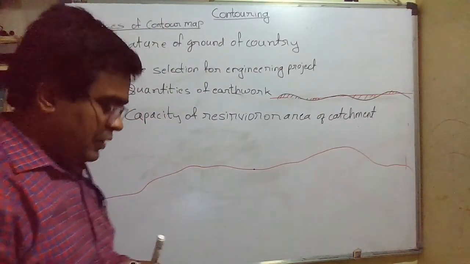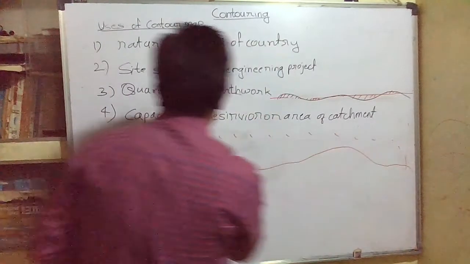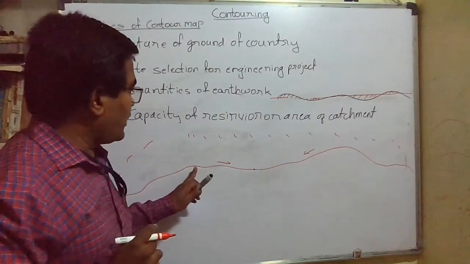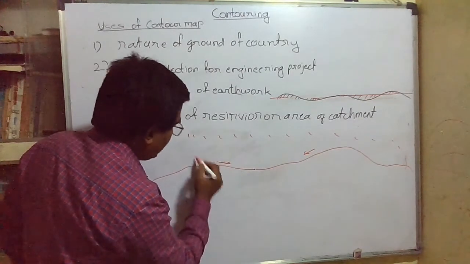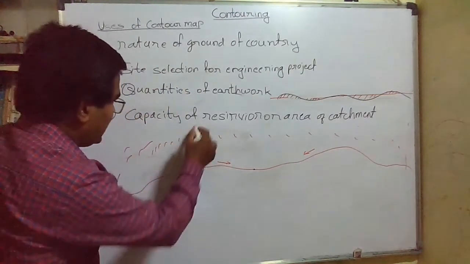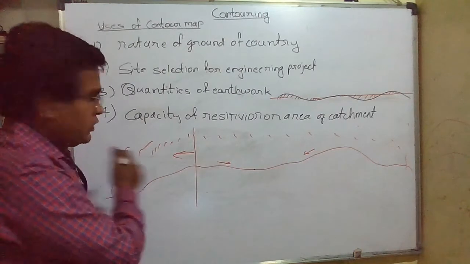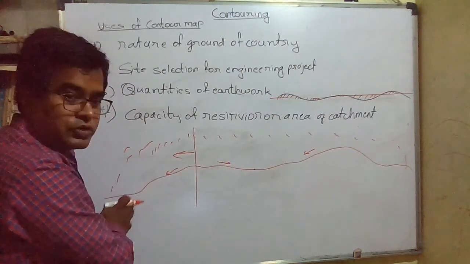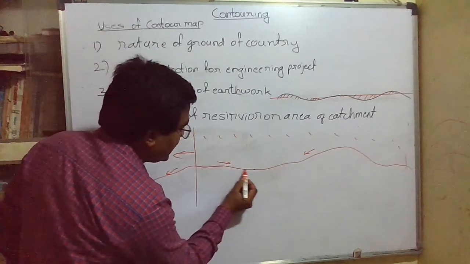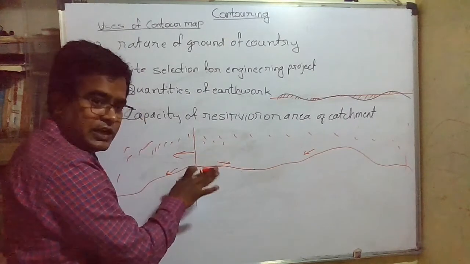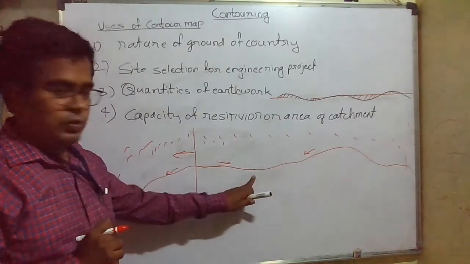Now, if rain occurs in this area, you can observe from this map that the rainwater flowing over the surface will not go to this river. Only if there is raining in this area will the rainwater flow to this river and contribute to the river water.